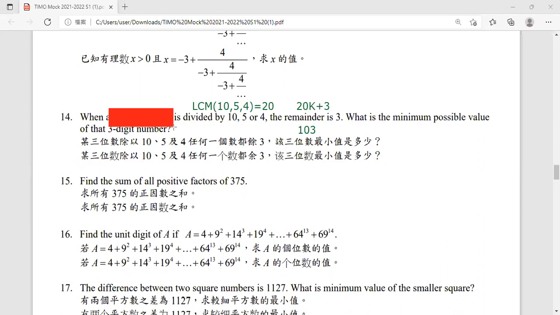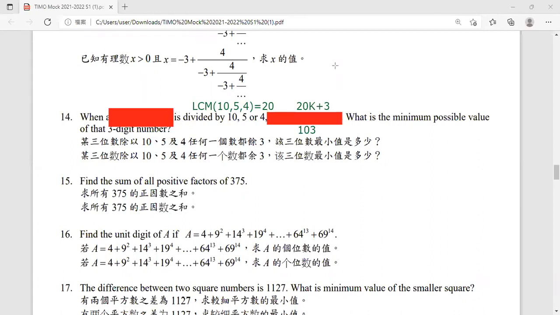If any number can be divided by 10, 5, and 4, then this number can also be divided by their LCM, which is 20 here.